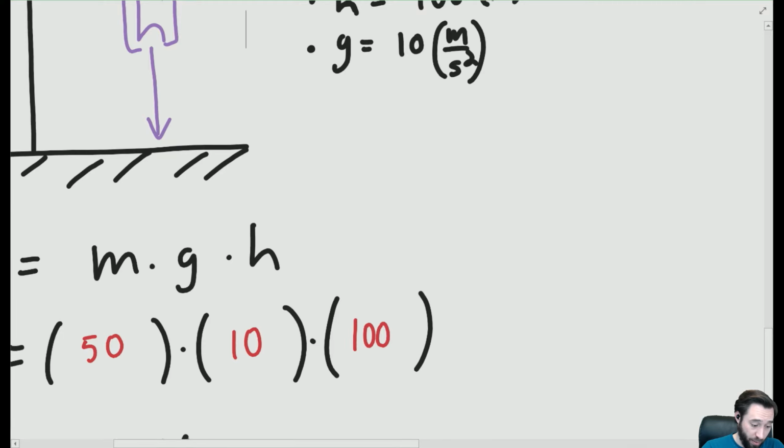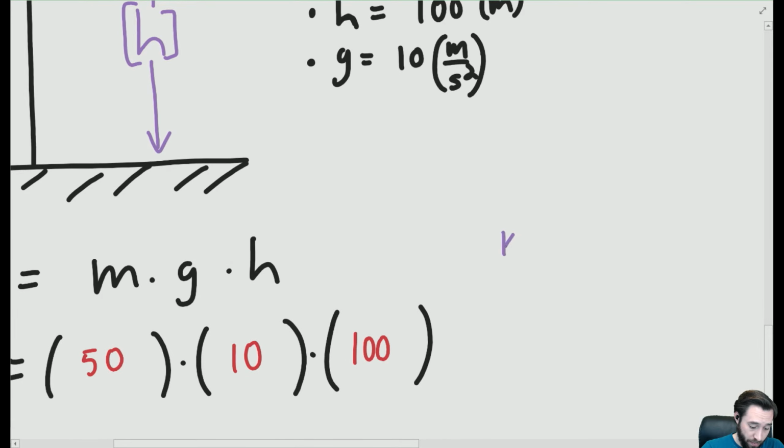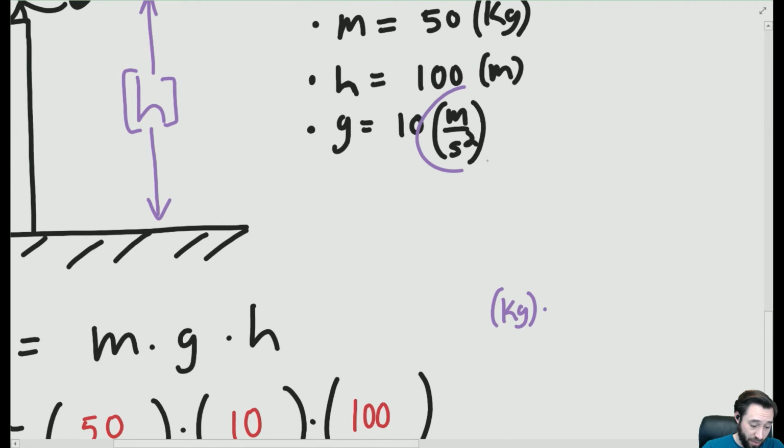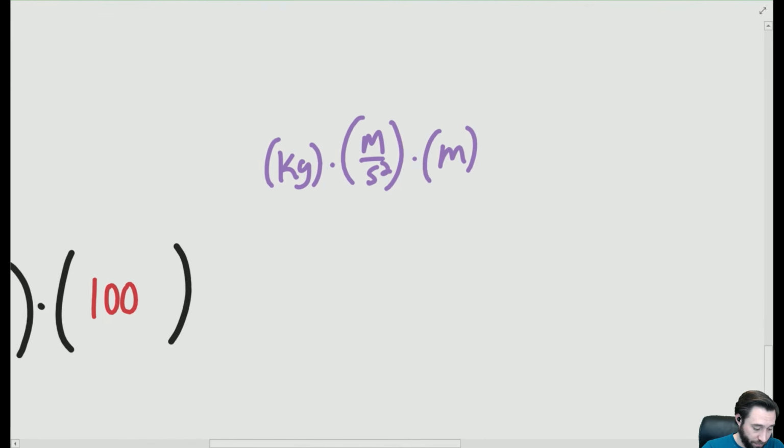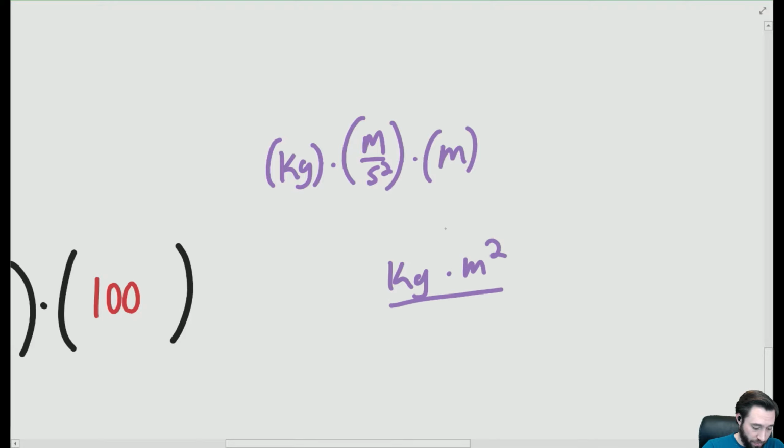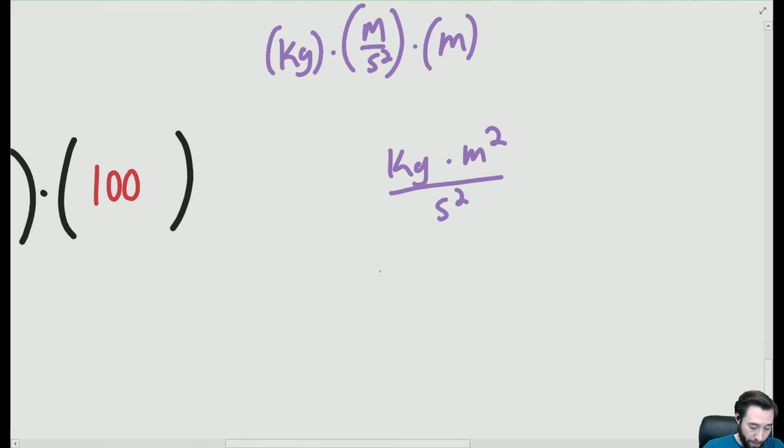So the unit of mass that we were given was kilogram. That's multiplied by the acceleration due to gravity, so that's meters per second squared. And then we were given the height, and that's going to be in meters. So if I multiply all this together, we get kilogram times meters squared over second squared. So this looks just like before.